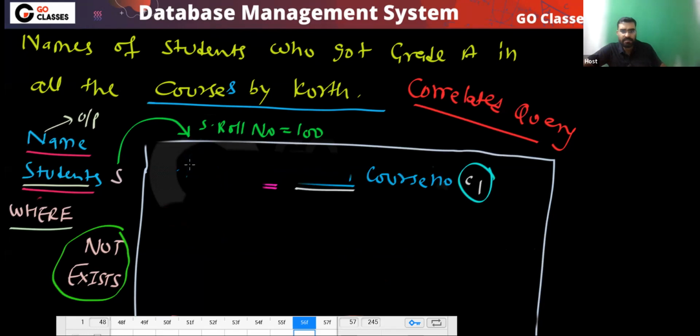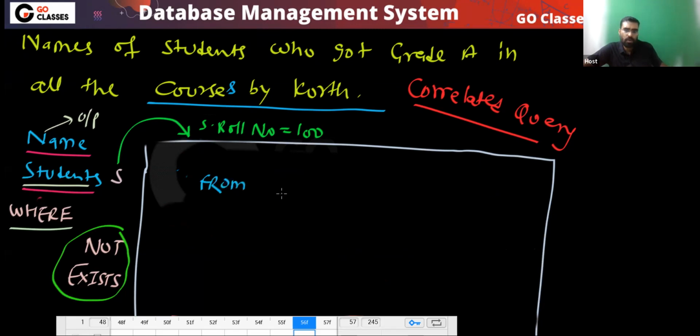So I can put exists, from the course table. But the name should be course.